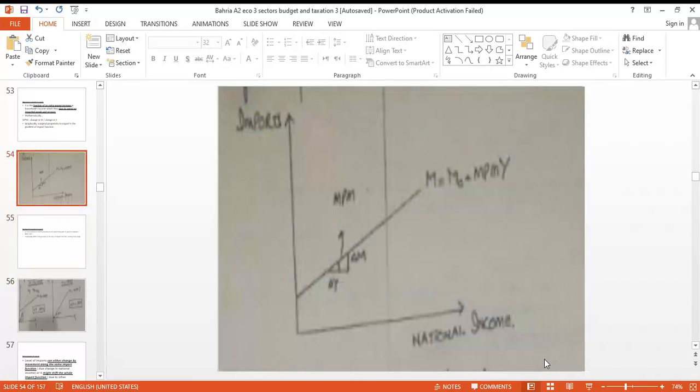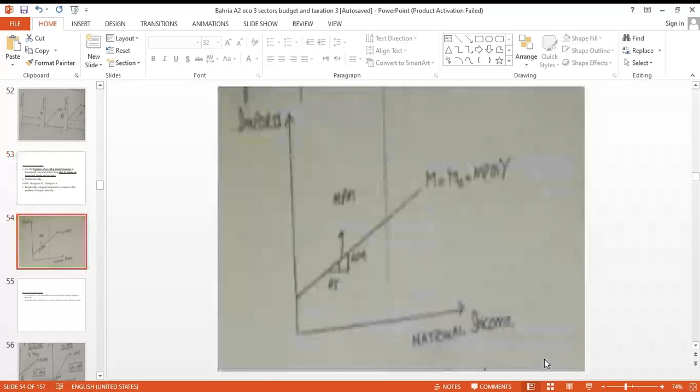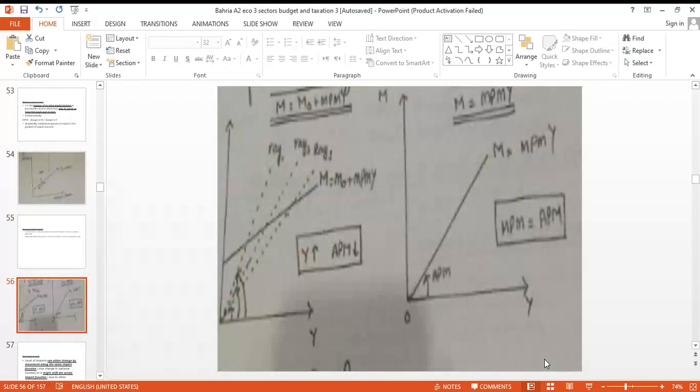Okay, now as I already said, the MPM has an autonomous element. What if this autonomous import becomes zero? We have no autonomous imports. The only imports that will happen will be when income rises. This is a hypothetical thing.